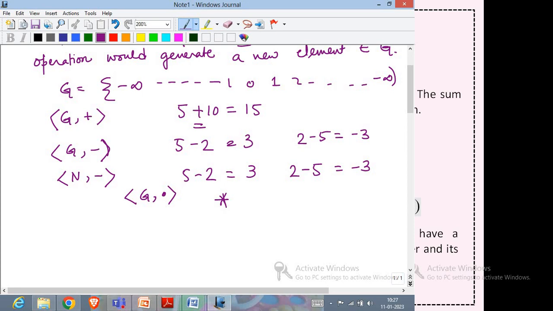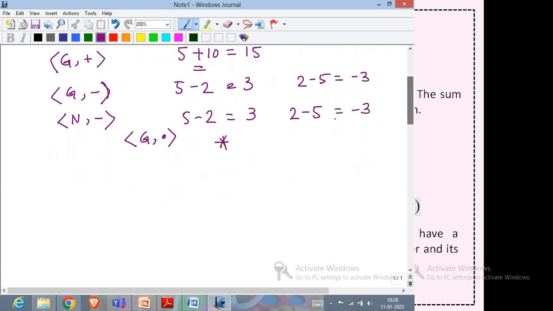Now, if a non-empty set, please make a note of it, if a non-empty set, the one that we have already mentioned, maybe G, has more than one binary operation, then maybe I'll just write it down over here, because this is the simplest way I can discuss this with you.